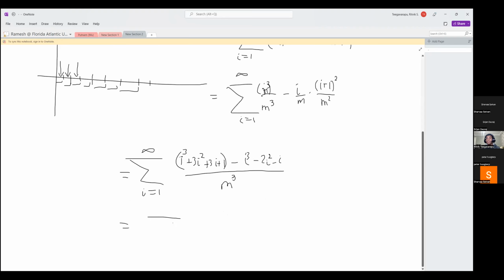I should actually write this as the limit as m approaches infinity, and then we're going to bound it at m. Make our life a bit easier. The i cubes cancel. We're left with i squared.